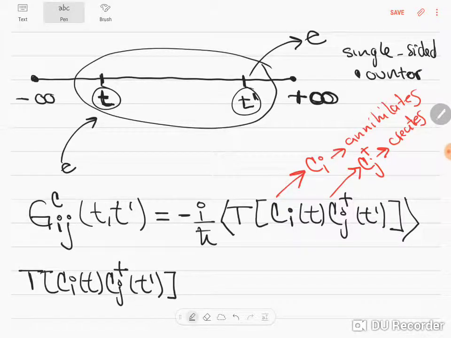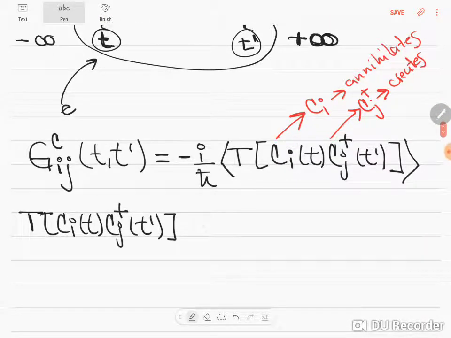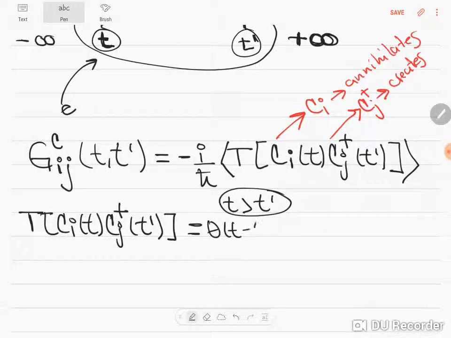We will discuss that when we get to non-equilibrium Green's functions. But for the meantime, let's see how the time-ordering operator is defined. This is for t greater than t prime first, so we have to fulfill this condition. Then here we write theta of t minus t prime, c_i of t, c_j dagger of t prime.